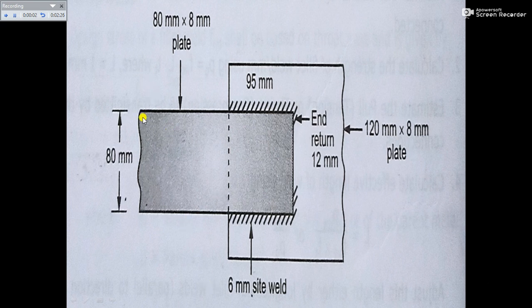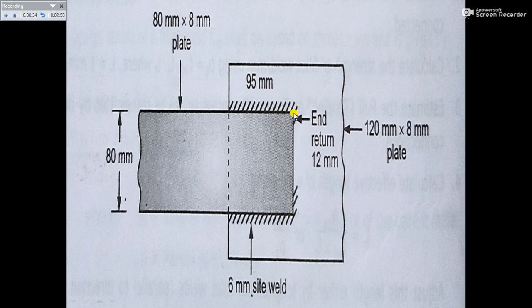See here, this is 80 mm and this is the width 120 mm. Here we have provided welds on both sides to connect these two plates. These two plates are overlapped on each other, and on one side the length of weld required is 95 mm, and on the other side it is also 95 mm, and we are going to provide the end return as 2s, that is 2 into the size of weld, 6 mm, which is 12 mm.